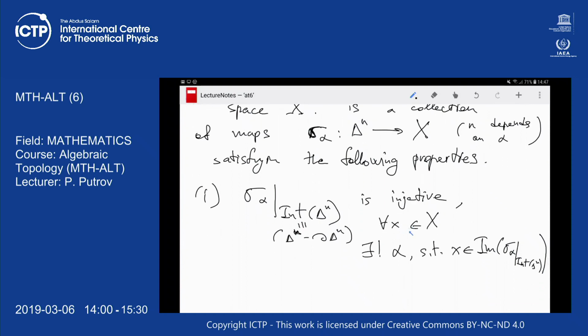So in words, for any point x, it is in the image of only one of these maps sigma alpha when restricted to the interior. So here it's important to restrict to the interior.